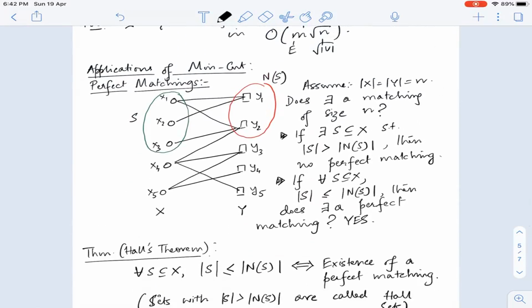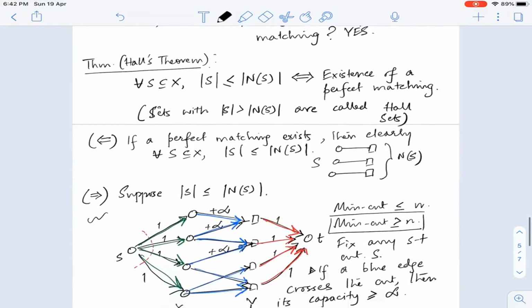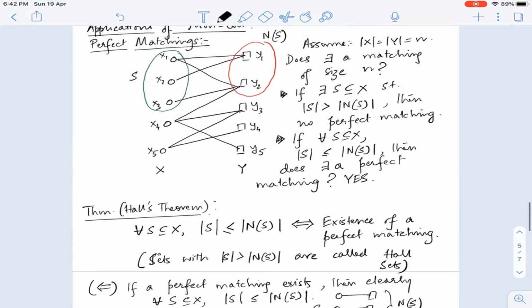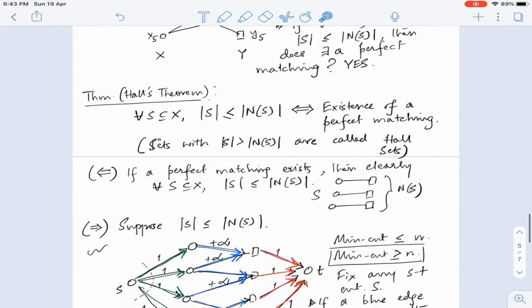Okay, so right. Remember we were trying to prove Hall's theorem last time, and we could not finish the lecture because of lack of connectivity. So remember what Hall's theorem was? I'm given this bipartite graph, and I'm asking the question: does a perfect matching exist in this graph? We said that there exists a necessary and sufficient condition for the existence of a perfect matching.